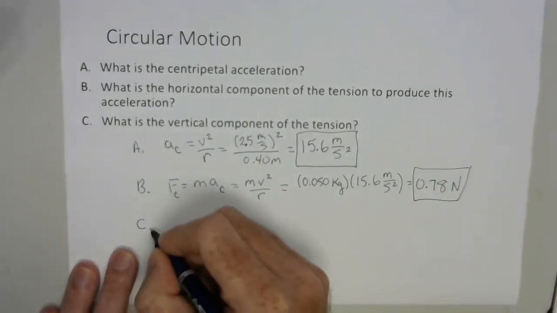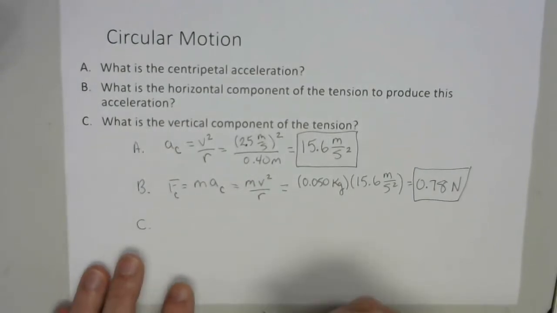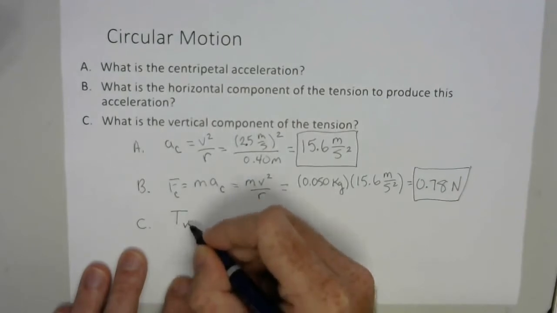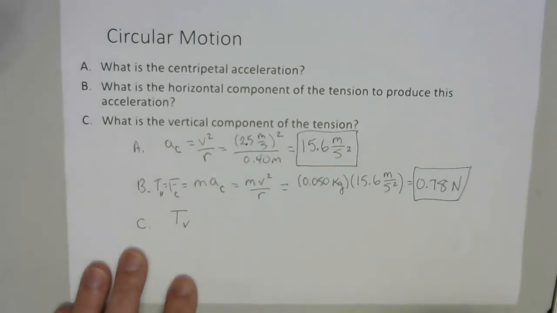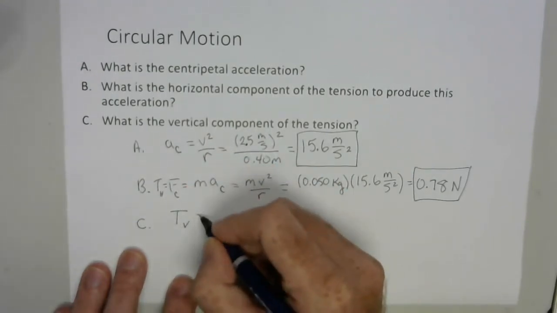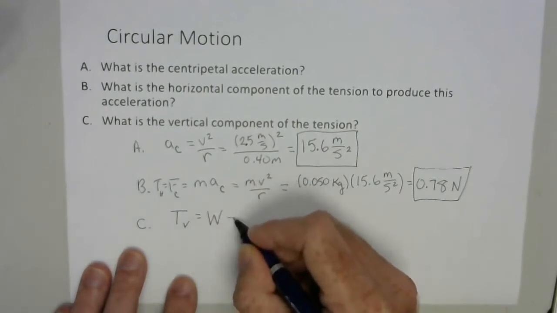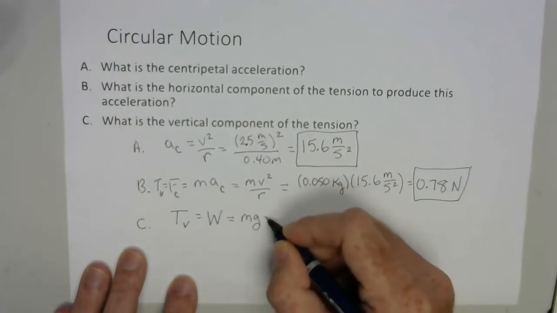Now, part C, we want to know the vertical component of the tension. But we said that the vertical component of that tension, where this was the horizontal component, the vertical component is just equal to the weight of the ball, which is equal to mg.